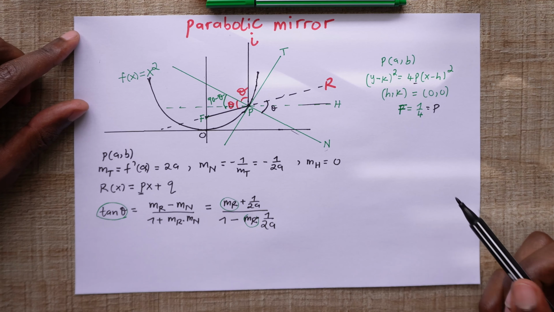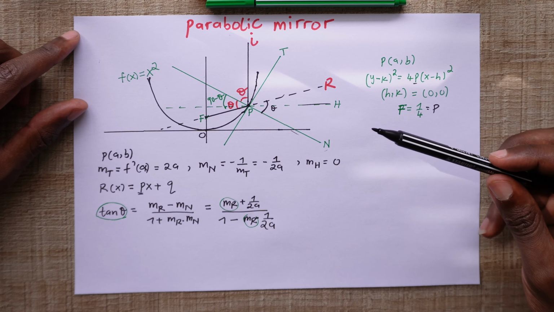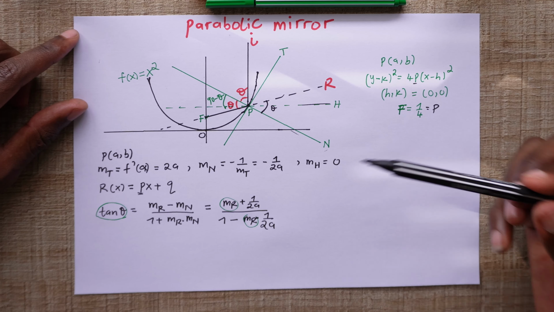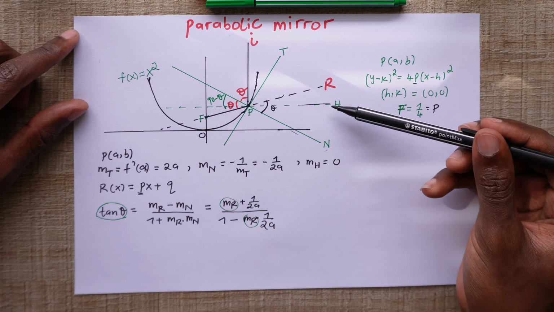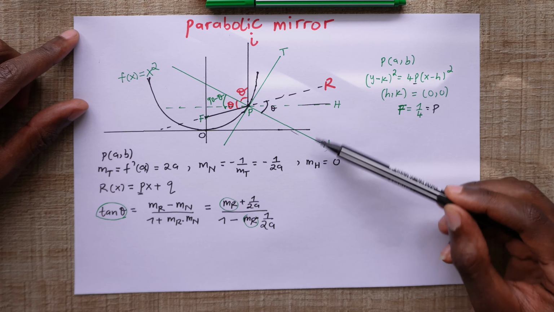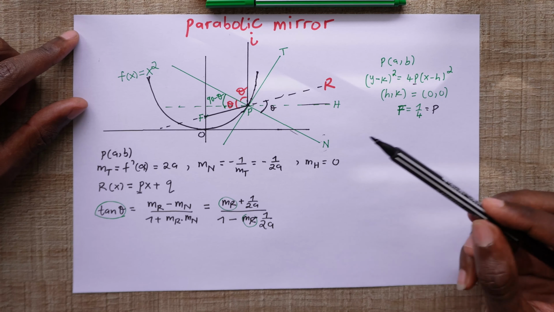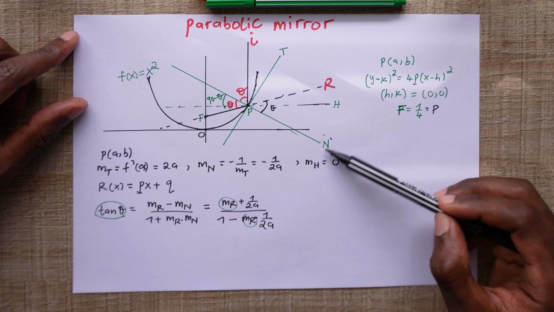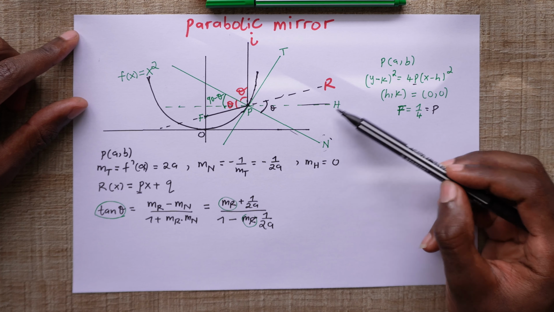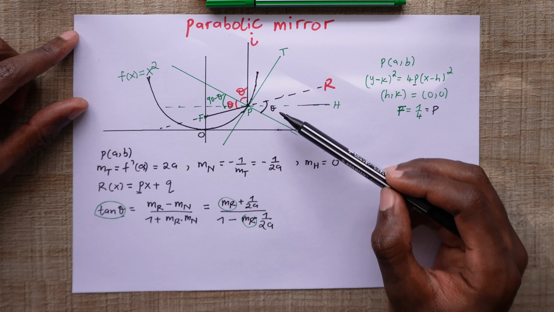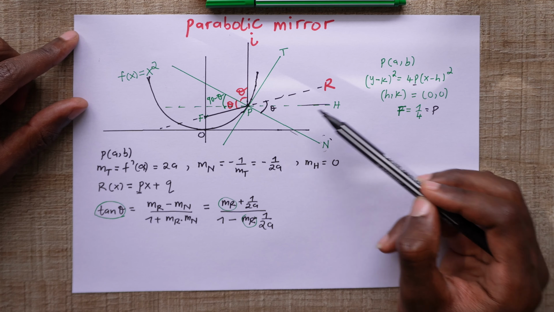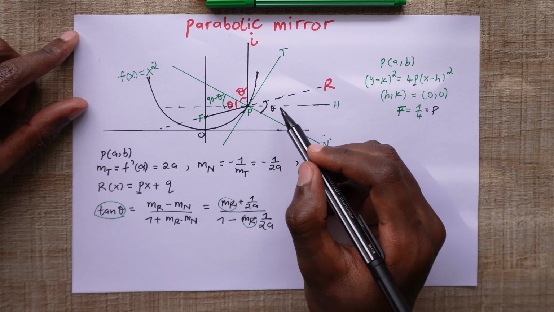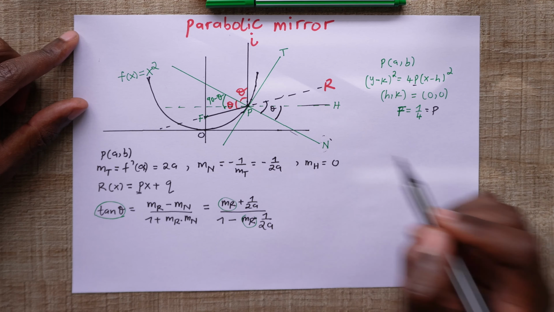To get tan theta, we use another trick. This time we are going to consider the angle between h and n. We can do that because we know the slope of n and the slope of h. So we can also express the tangent of the angle between the two. In this case, it's this angle.